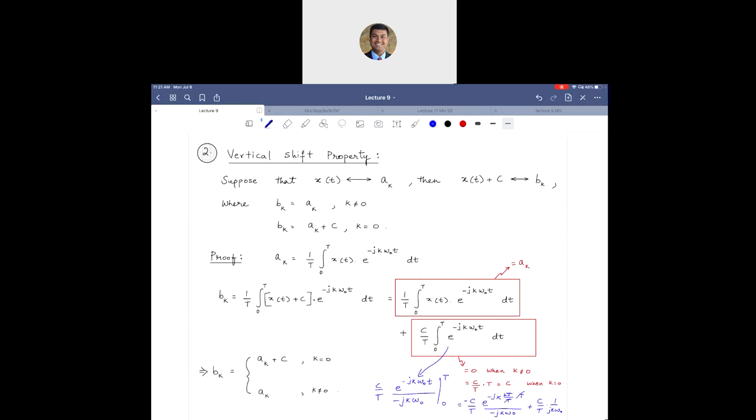And the T will cancel out here. You get e to the negative jk times 2 pi, and you can use your Euler's identities to simplify that. All right. So you will go back to that same result here.